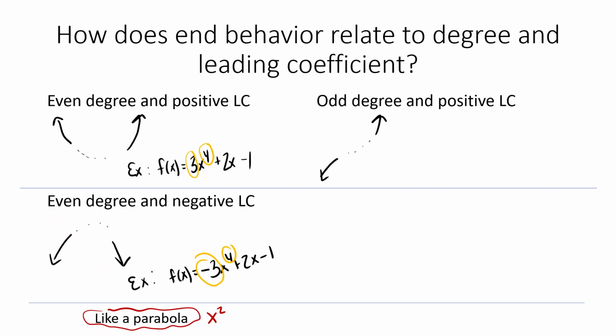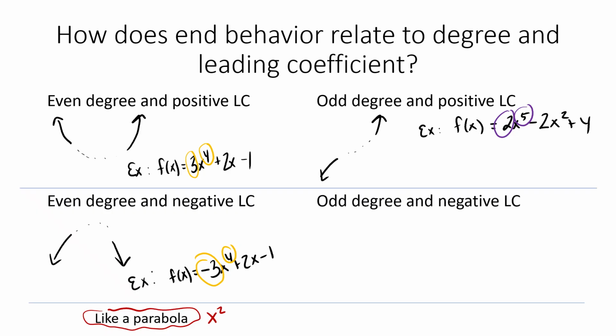So an example of this one might be f of x equals 2x to the 5th minus 2x squared plus 4. And so we're looking at an odd degree, that's the part that makes it unbalanced, and a positive leading coefficient.